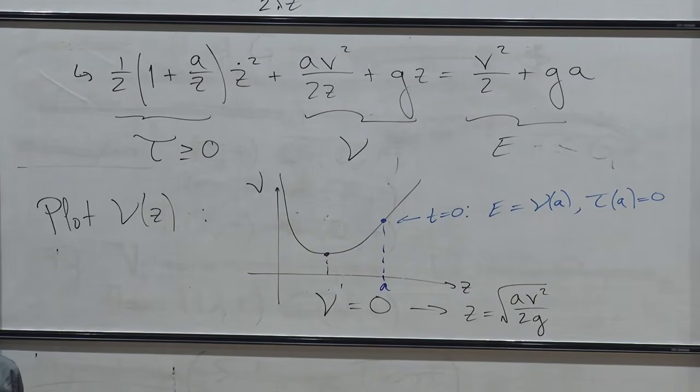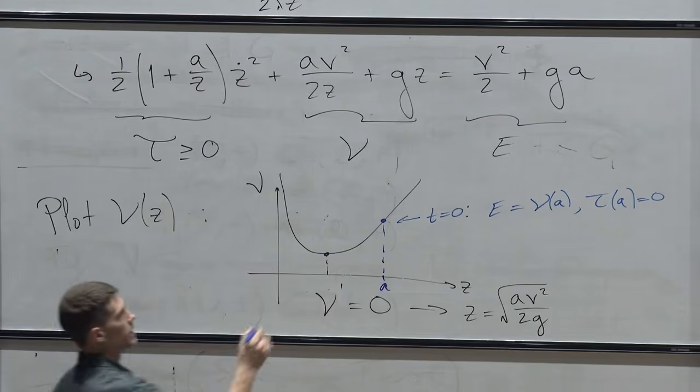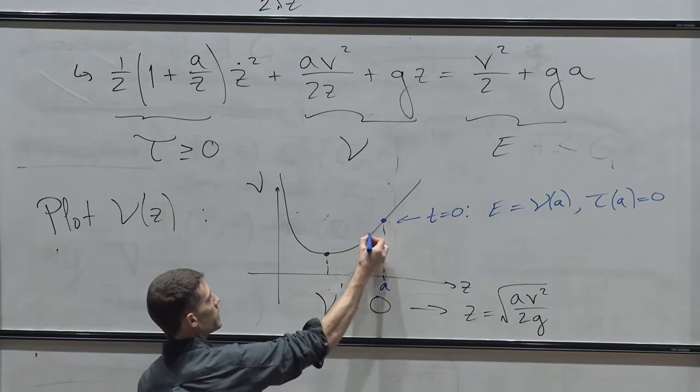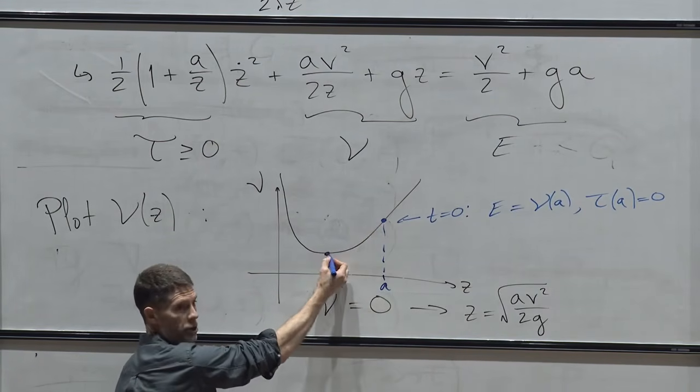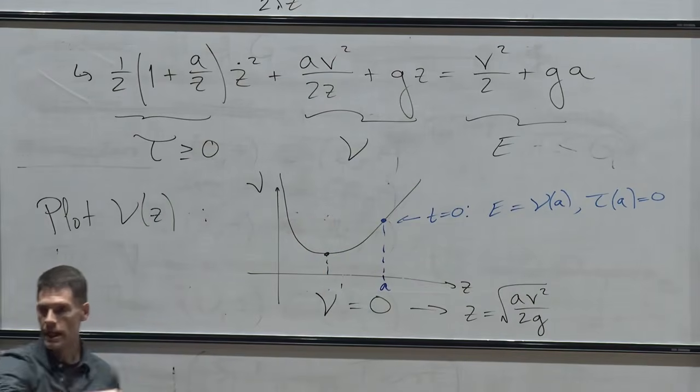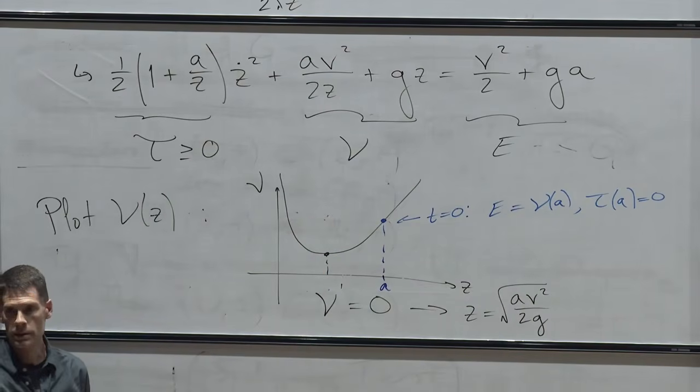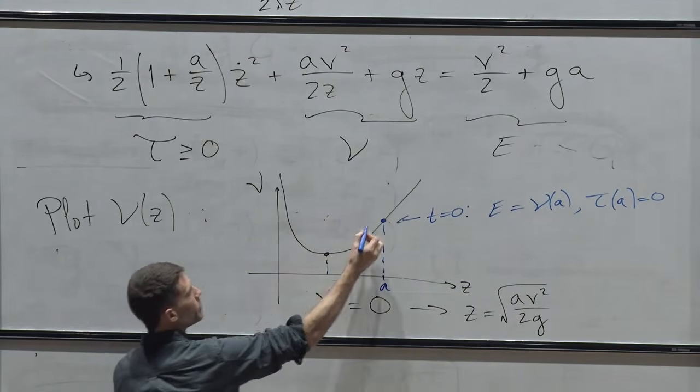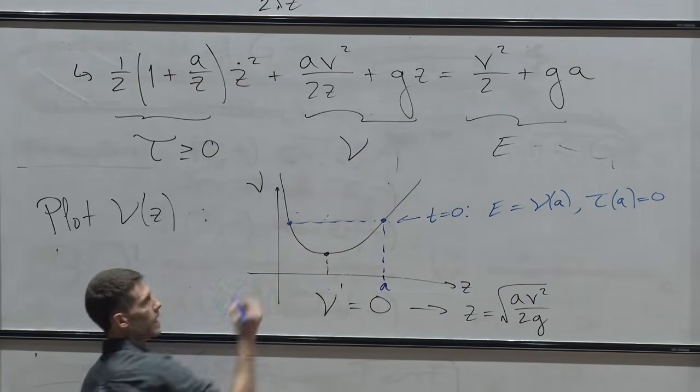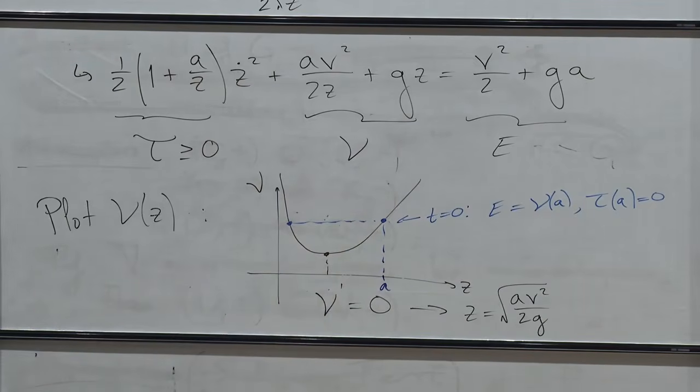And in fact, all of the arguments we've used before work the same way. The ball is going to start moving this way. It's going to be trading V. V is going to be going down, T is going to be going up until it comes up to this point. And at that point, E is back to V, which means T, our pseudo-kinetic energy, goes back to 0.